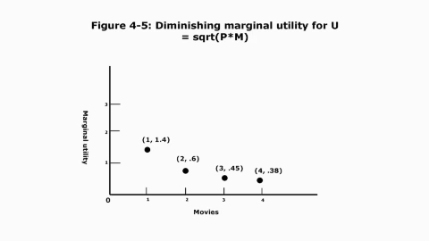So the marginal utility of that next movie, 2 movies, 1.4, it's going to rise by the square root of 2. I'm doing this wrong. Hold on.